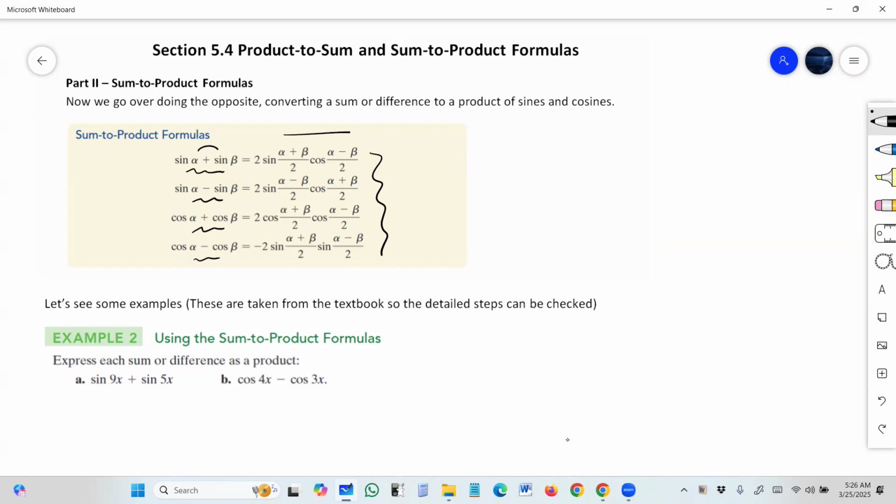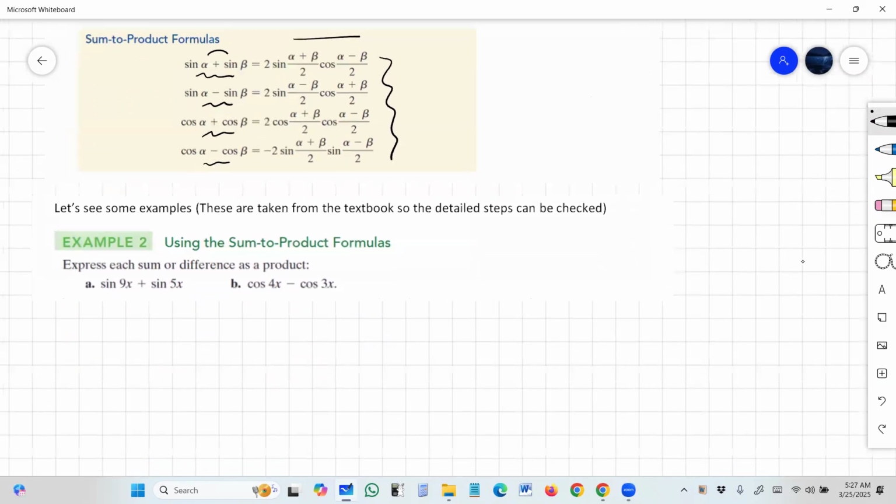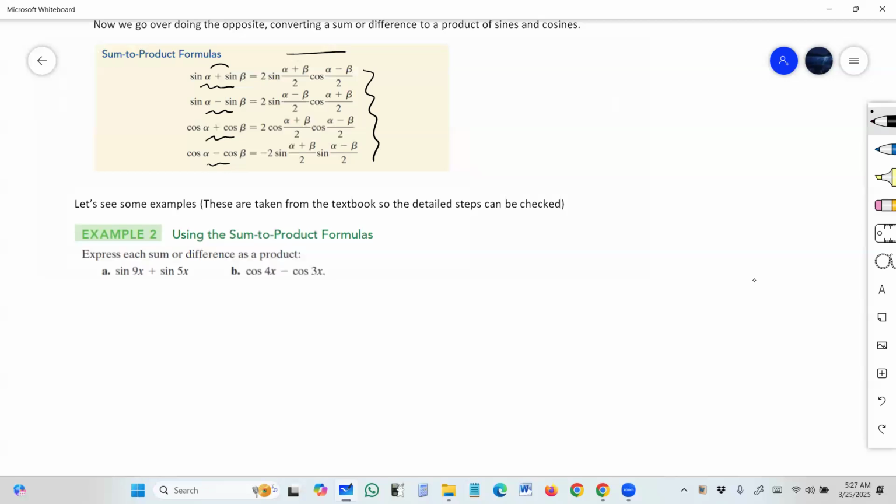Again, this is mainly to simplify expressions or solve equations, and all we have to do is apply one of the formulas to the expression that we have and find out what the answer is. You don't have to memorize these formulas. First example, I have a sum of two sines, so just pick the formula that fits your circumstance.